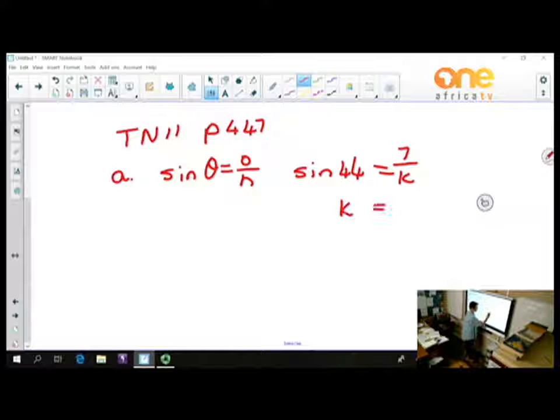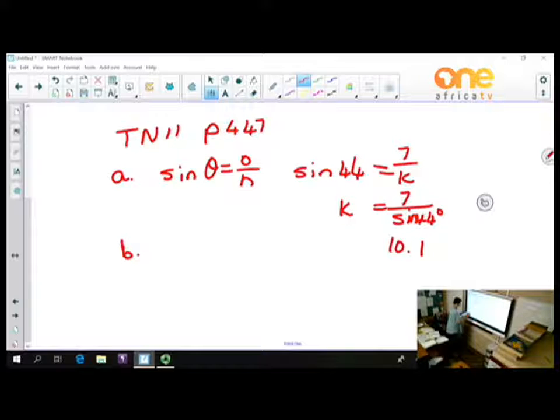So k is equal to 7 over sine 44. So which method now? Divide. Bottom divide. So 7 divided by sine 44 is equal to, and I have 10.1, rounding to 3 significant figures.